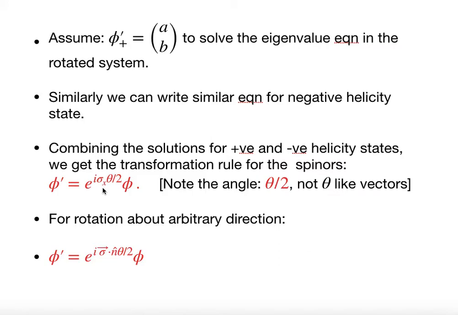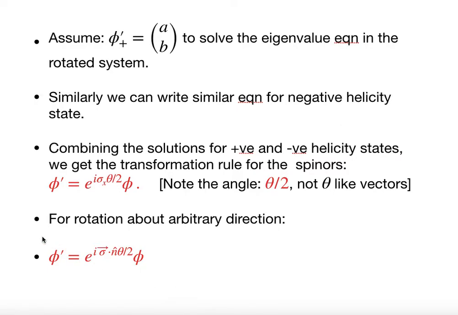If you have rotation about any arbitrary axis, you can generalize this definition. If you have rotation about some n vector, then I can write this rotation operator for phi as sigma dot n theta by 2 acting on phi. So you can see that this is a well-defined transformation rule, but it is not exactly the transformation rule for a vector.